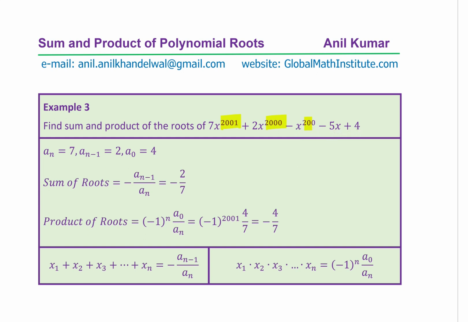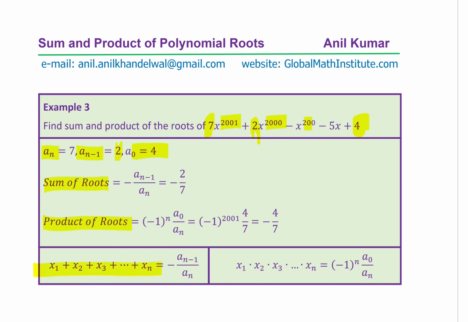How do we find the sum of roots and the product of roots for such an equation? Well, do not worry. You are looking into only three coefficients. One is the leading coefficient. In this case, the leading coefficient is 7, and the term next to it is 2. And then the constant, which is 4, to get your sum and product.